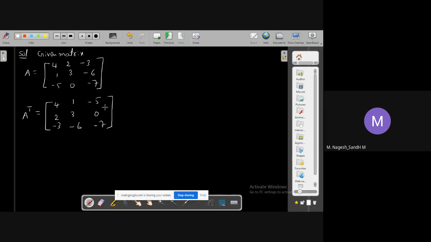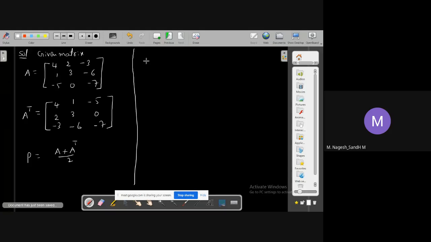So now you got A transpose. Now we have the formula: P is equal to (A plus A transpose) by 2. Okay, this is the formula.